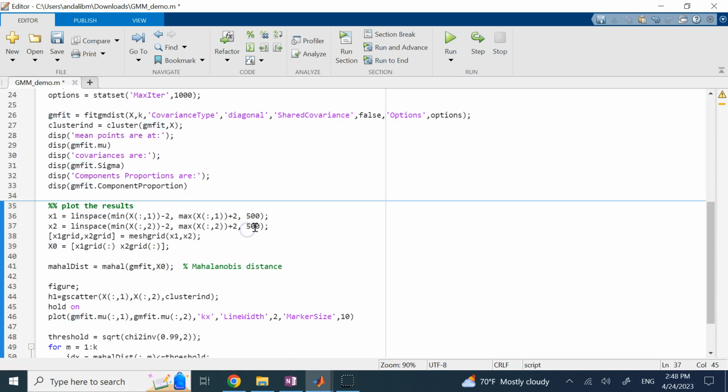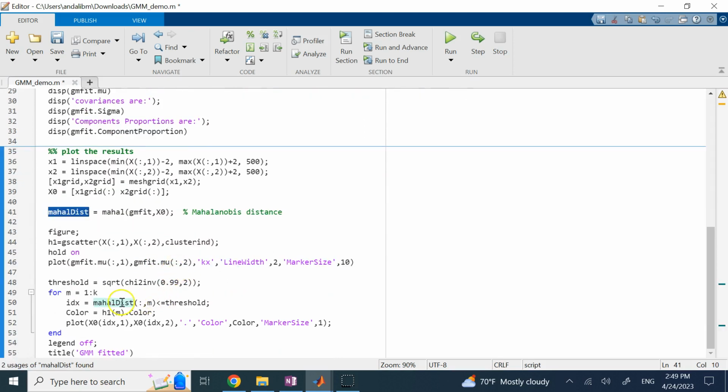So instead of Euclidean distance, which is the distance between one point and another, this is the distance from a point to a distribution. It takes into account the sigma of that distribution as well as the center of it. It's called the Mahalanobis distance, and this is a distance that is used a lot in machine learning. So I get this Mahalanobis distance for all of the data in the meshgrid and call it Mahal distance.